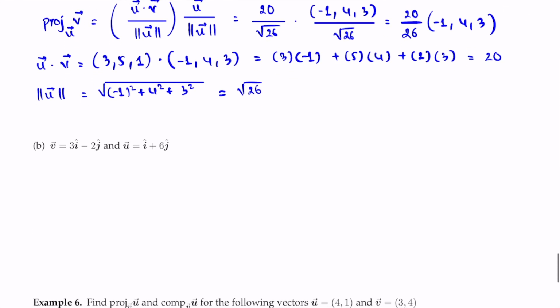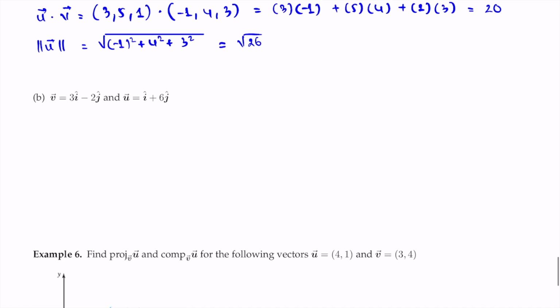Similarly, I'm going to apply the vector projection formula to a two-dimensional vector. And here again, you want to do the vector projection of v onto u. So the projection of v onto u is equal to u dot v divided by the magnitude of u times the unit vector of u.